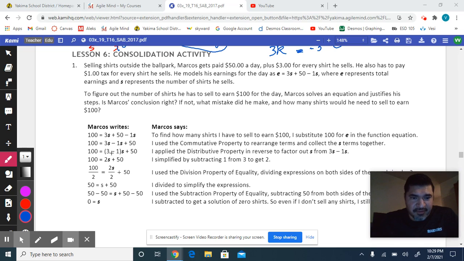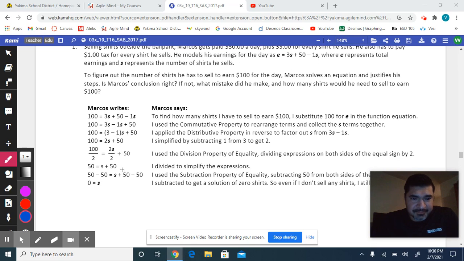We know that 3 minus 1 is 2, and 2 times S is 2S. So it says, I simplified by subtracting 1 from 3 to get 2. I'm looking at this and thinking 3S minus 1S, that's 2S, plus 50. So I would go from here straight to here.